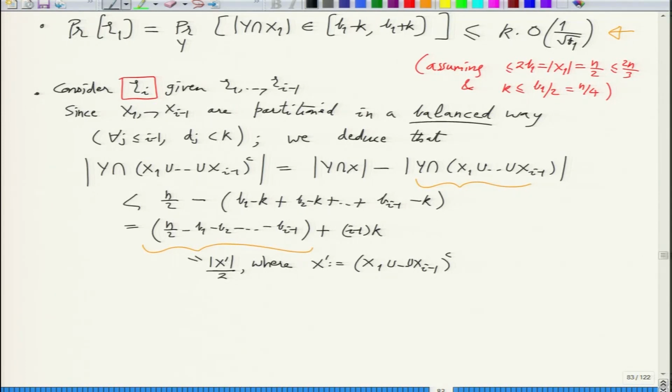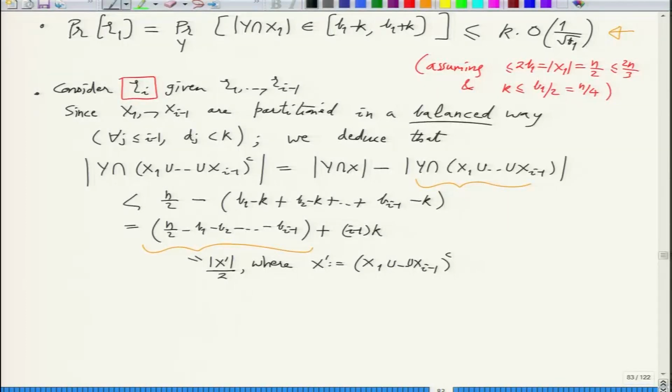So what this is saying is that y will use from x prime around x prime by 2 many elements. So the partition with respect to x prime will be ik balanced. Yes, sure, all these things will make sense only when k is small. Otherwise you don't get anything.